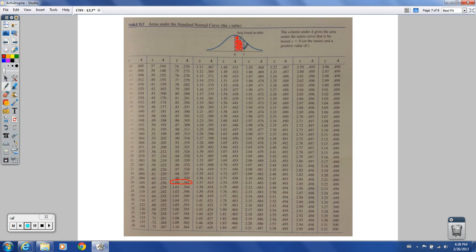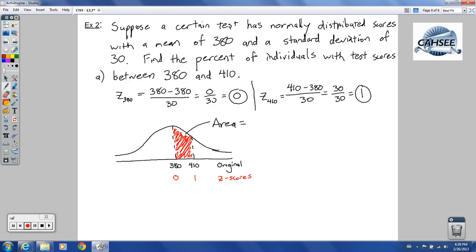So this is saying your mean, which for us was 380, and your 410, the z-scores were 0 and 1. So between 0 and 1, one standard deviation away, 34.1% of the data lies in there. I'm going to get rid of all that stuff and put it with the actual problem here.